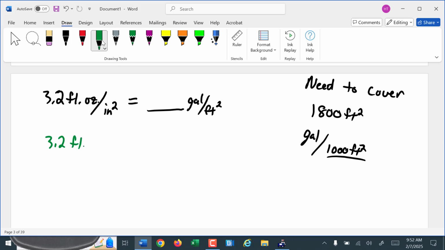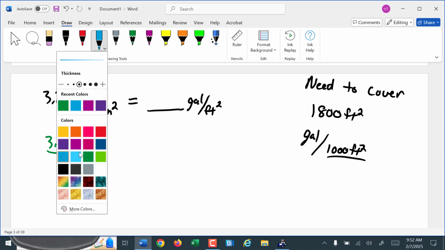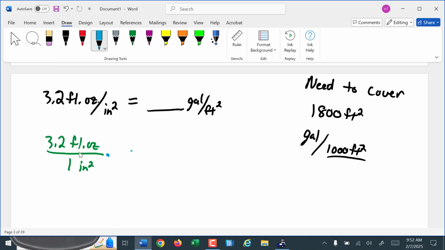So 3.2 fluid ounces over 1 square inch. So we have to get from fluid ounces to gallons, and this is going to take a few steps. Fluid ounces are on top. We're going to put it on bottom. If we go up the ladder, what's the next unit bigger in our capacity scale from fluid ounces? We have a couple of options.